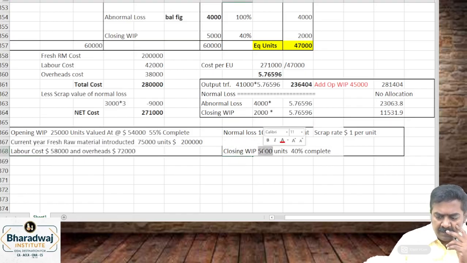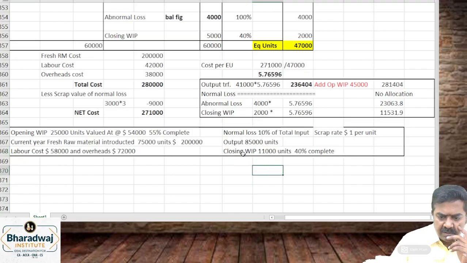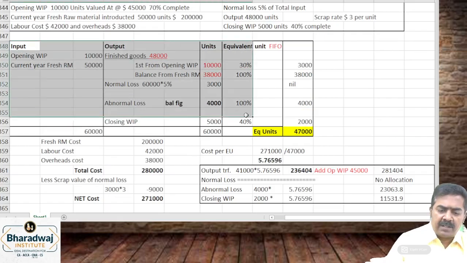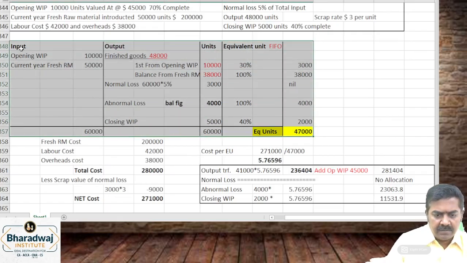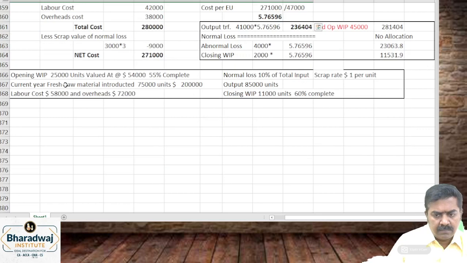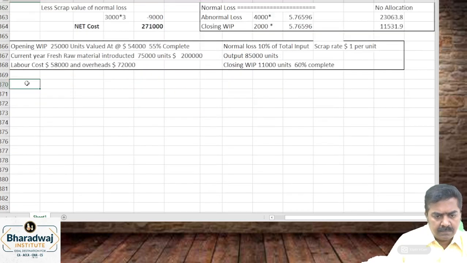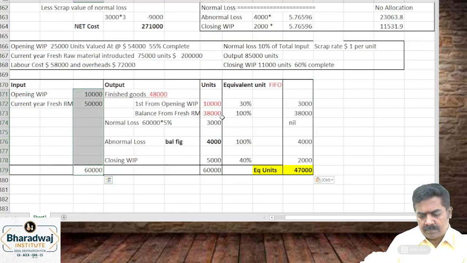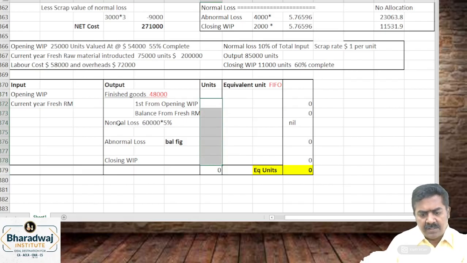Closing WIP 11,000 units, which is 60% done. Try to prepare this table, and tell me, is there any abnormal loss? Please try.